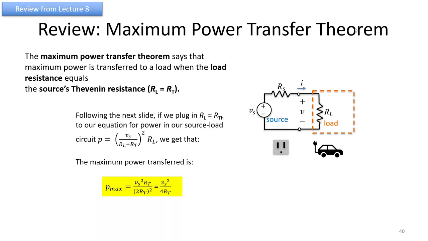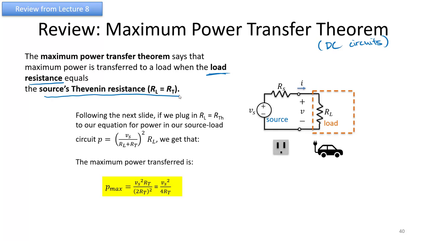So you may remember from our Lecture 8 video, where we first discussed maximum power transfer for DC circuits. And we learned in Lecture 8 that for DC circuits, the maximum power transfer theorem says that maximum power transfer happens when the load resistance equals the source's Thevenin resistance.